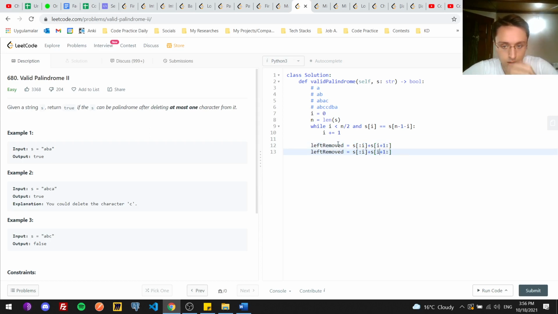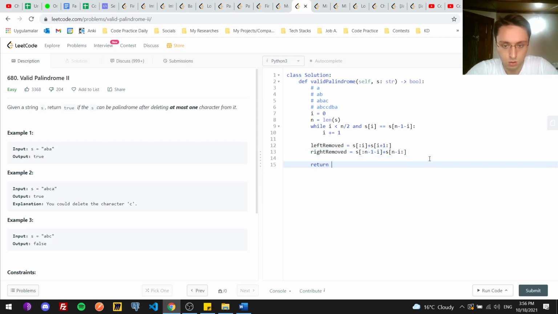And then we also have s until n minus 1 minus i, and plus 1 here would be that. So this is right removed.